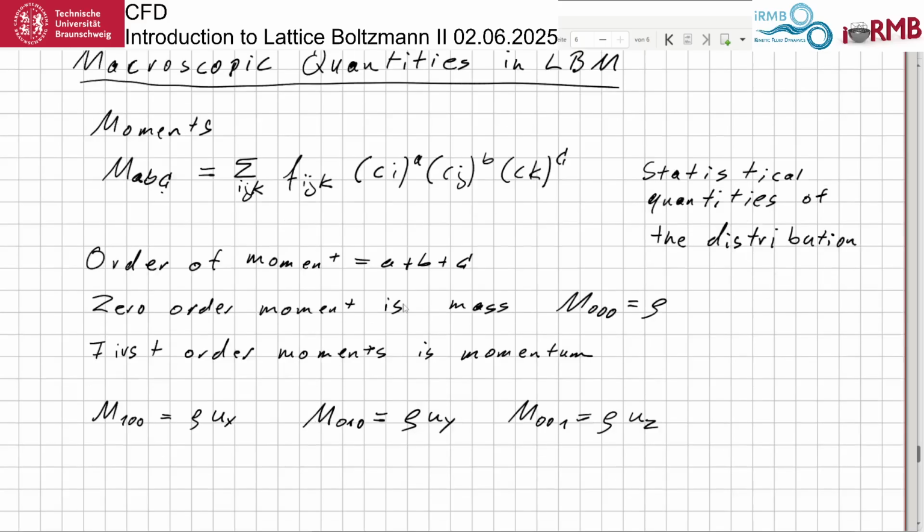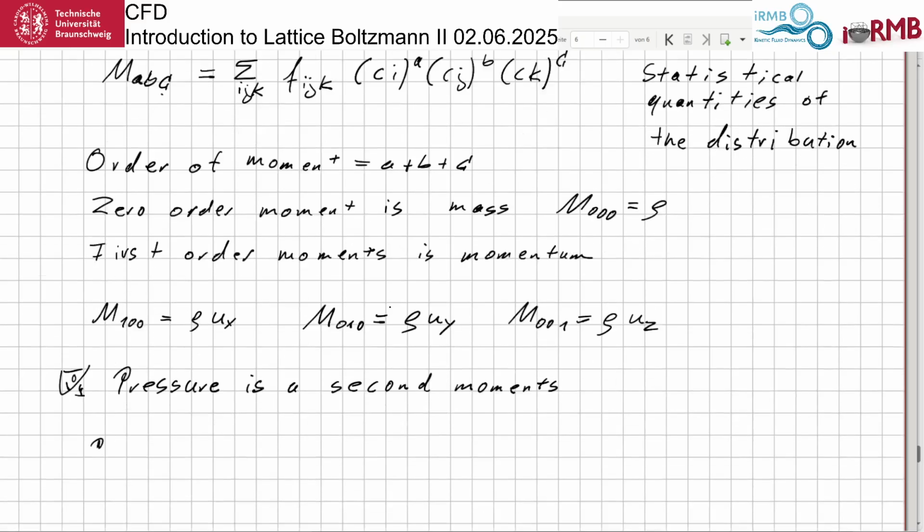And we can also get the pressure out of this, and this looks a little bit more ugly. The pressure, in principle, is a second moment. There are many second moments. We can write the pressure as the sum over i, j, k of f_ijk times (c_i minus ux) squared plus (c_j minus uy) squared plus (c_k minus uz) squared.